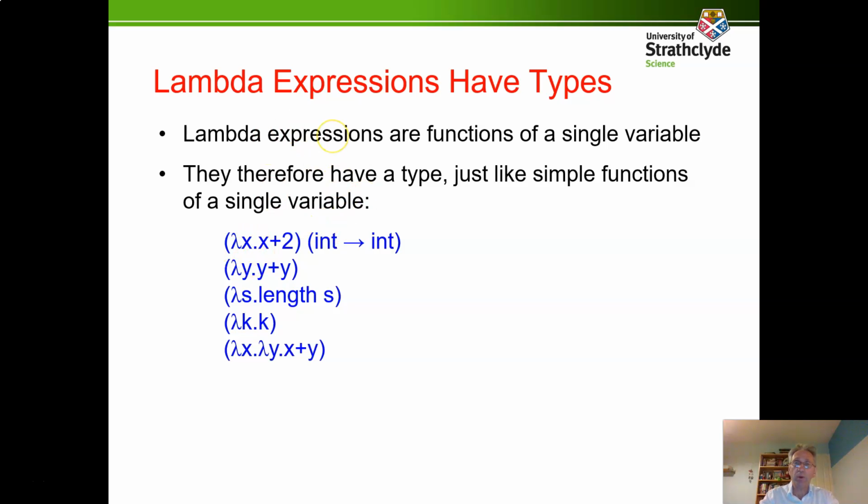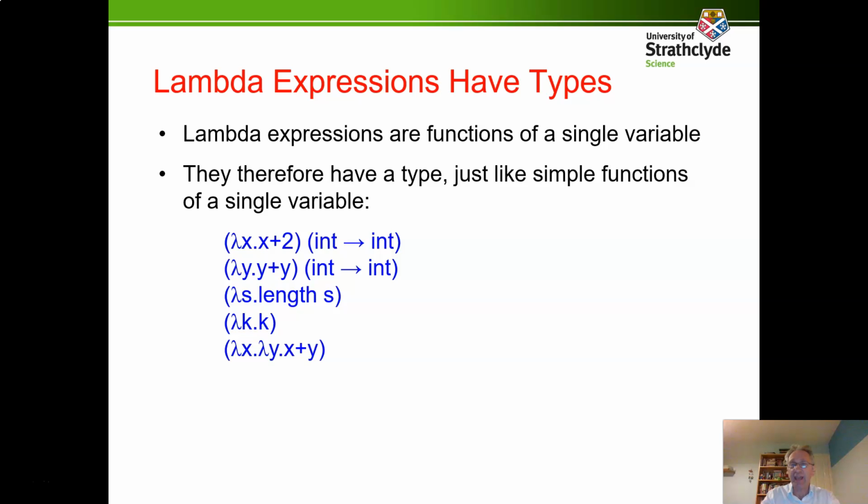Similarly, lambda y, y plus y will also be int to int. Takes in an integer, returns an integer. I should say that in my simple scheme here, all numbers are integers. And I also assume that less than and more than only apply to integers.